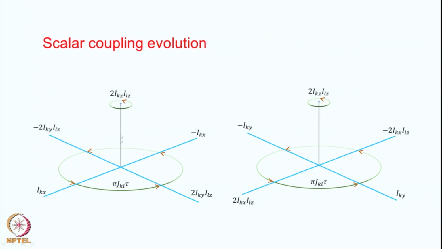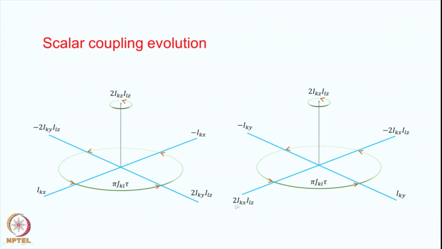This axis is now 2 IkzILz, and Ikx is rotated into a mixture of Ikx and 2 IkyILz, and the same Hamiltonian rotates the basis operator 2 IkyILz into a mixture of 2 IkyILz and minus Ikx. So, if I start from minus Ikx, the cosine component will be minus Ikx, and I will get here minus 2 IkyILz.